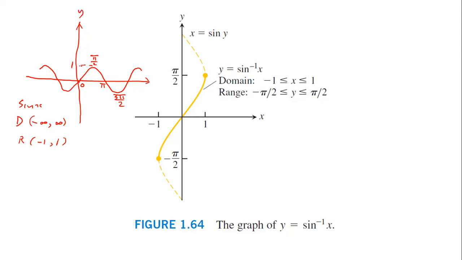So the function has 1 as the highest and -1 as the lowest. If you take a look at the sine of negative pi by 2, it is equal to -1. The sine of 3 pi by 2 is equal to -1.